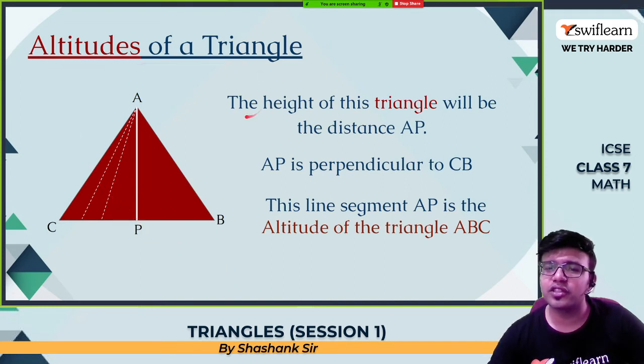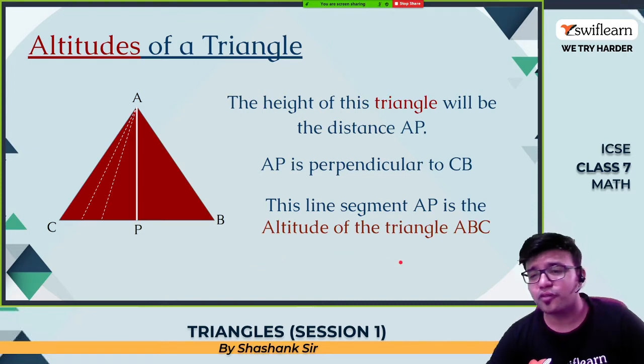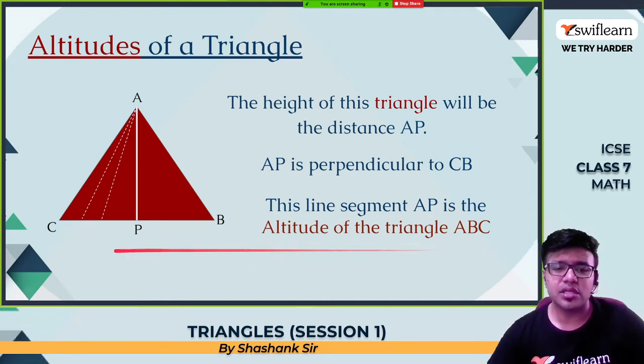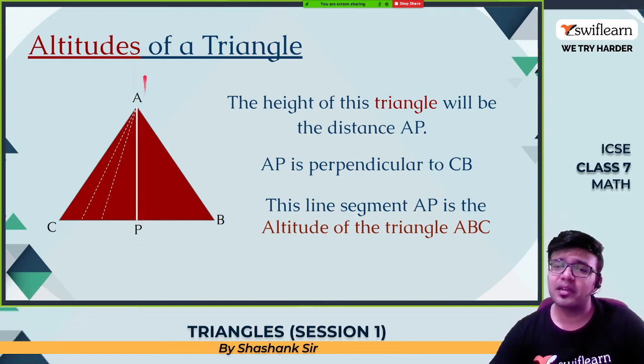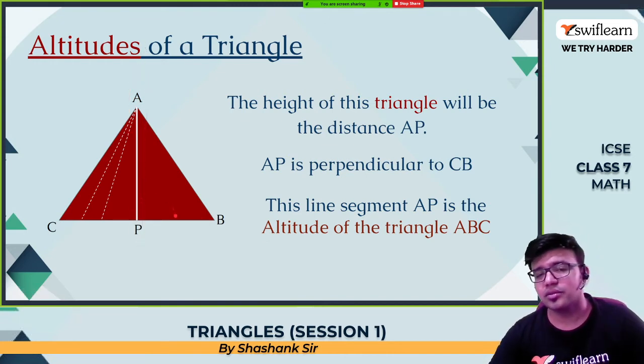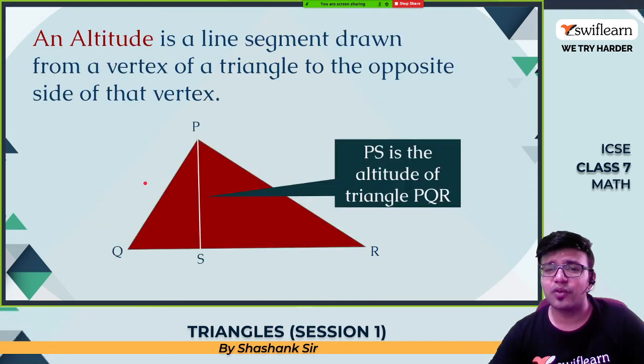The height of the triangle will be the distance AP. AP is perpendicular to CB. The line segment AP is the altitude of the triangle. So we should draw a perpendicular line to BC so that it also passes through A. That is known as the altitude of a triangle.